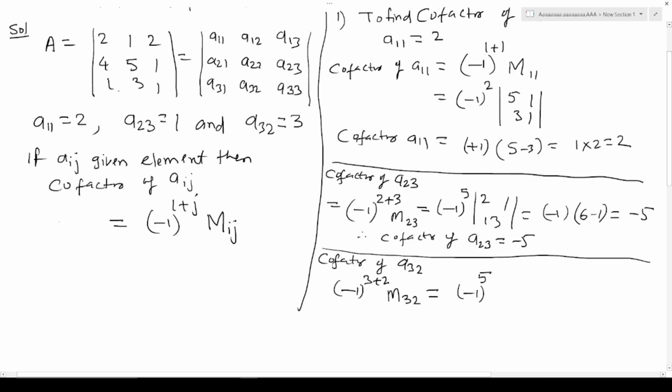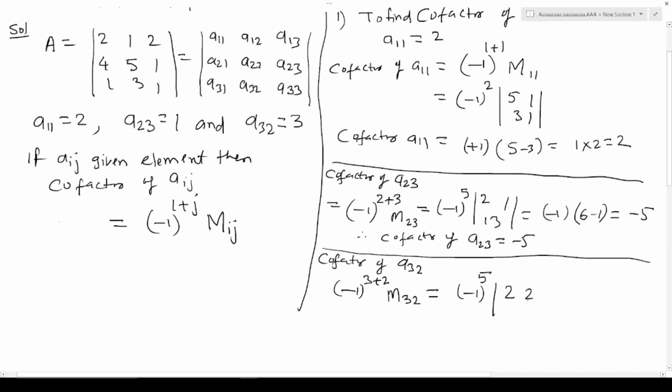That is, the third row and second column deleted. What are left? [[2,2],[4,1]].